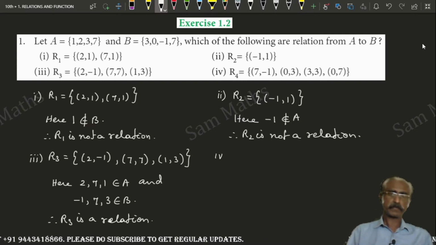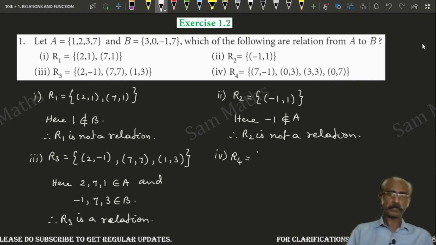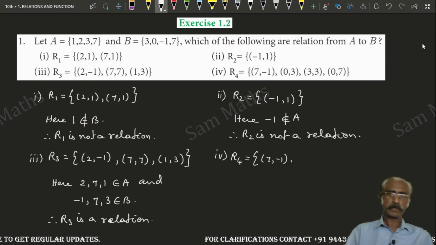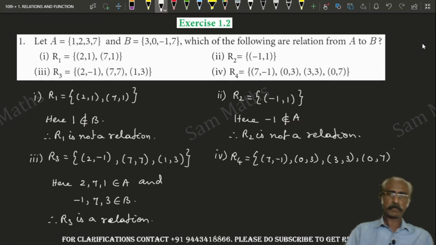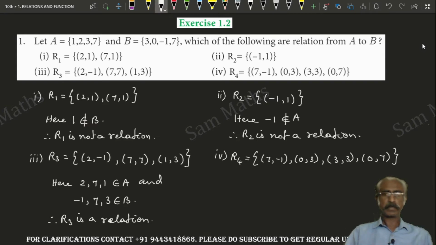Fourth subdivision. R4 is equal to 7, minus 1, 0, 3, 3, 3, 0, 7. Okay, children.